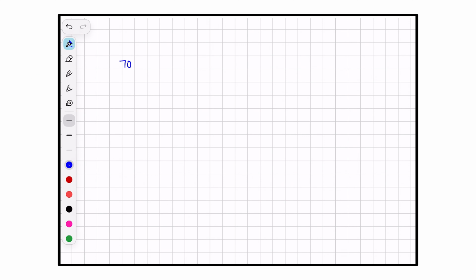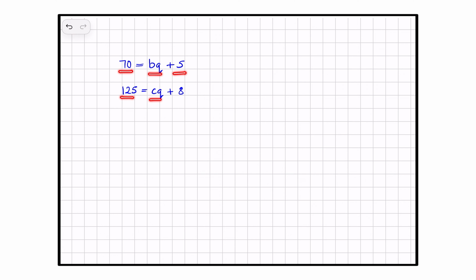That is, 70 we can write as some integer b multiplied by the quotient q plus the remainder, which here is 5. Similarly, 125 we can write as some integer c multiplied by the quotient q along with the remainder 8. We can represent any integer in this form, right?